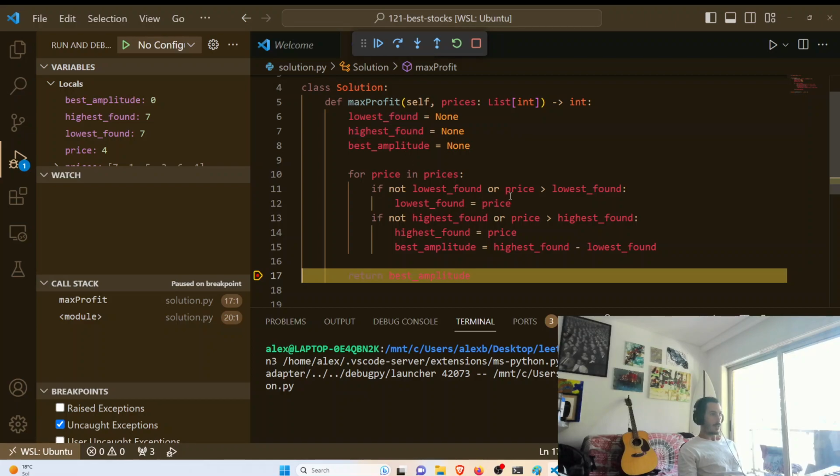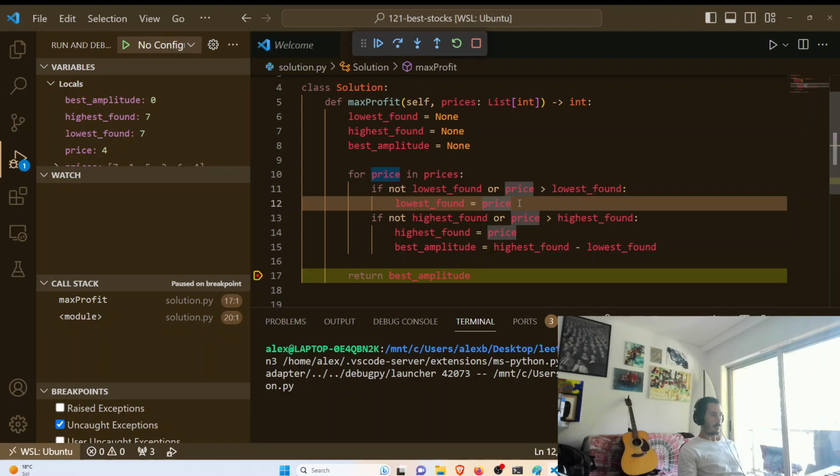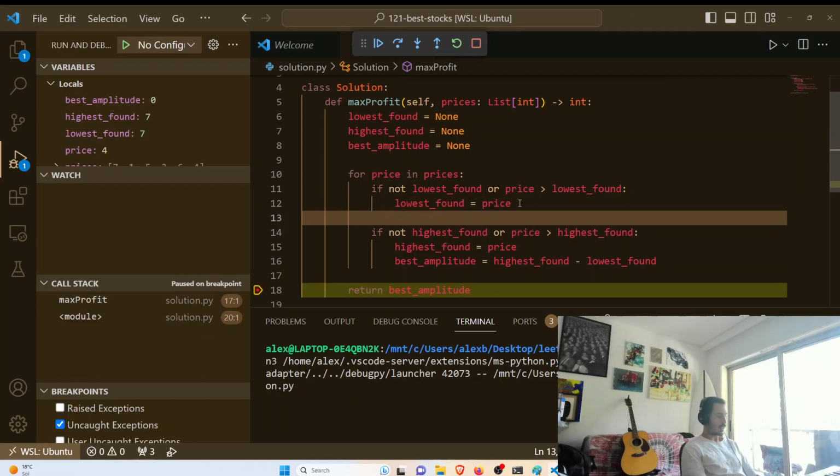Okay, so if we find a new lowest found, I think we need to reset the highest found again.